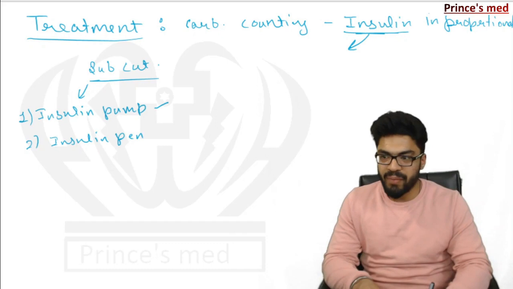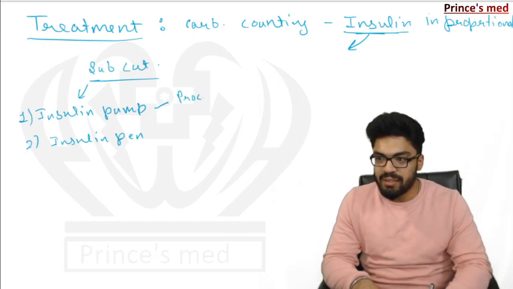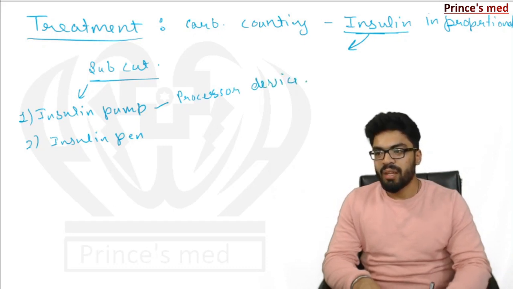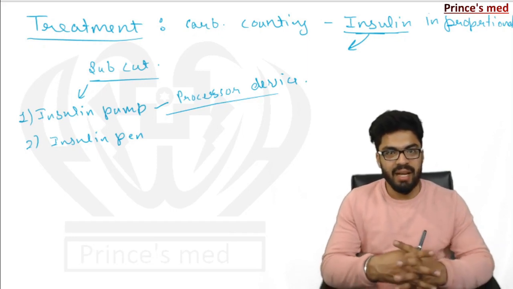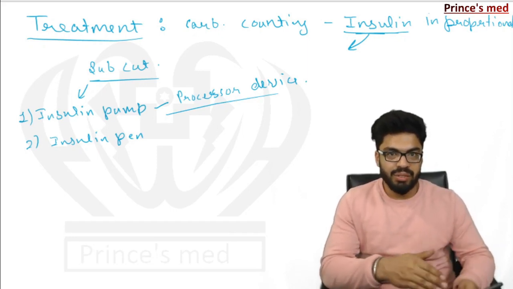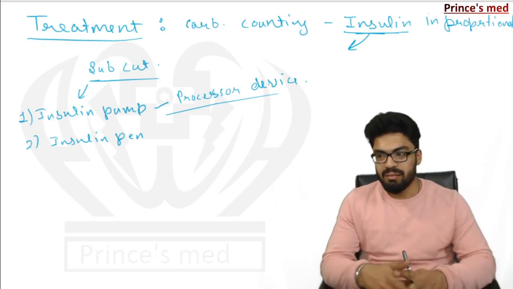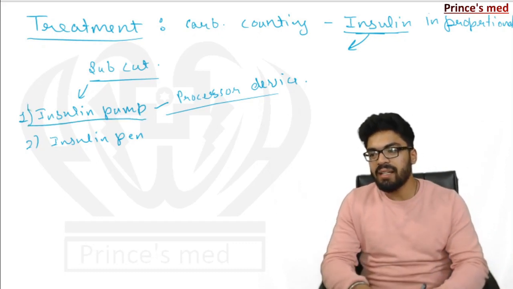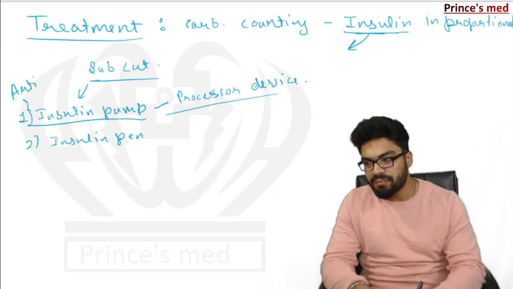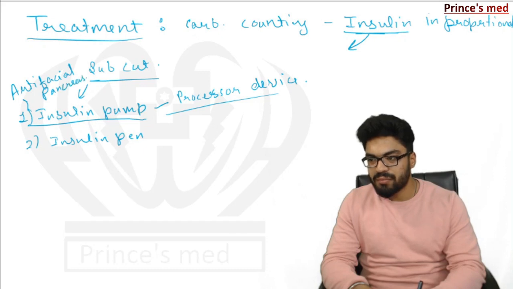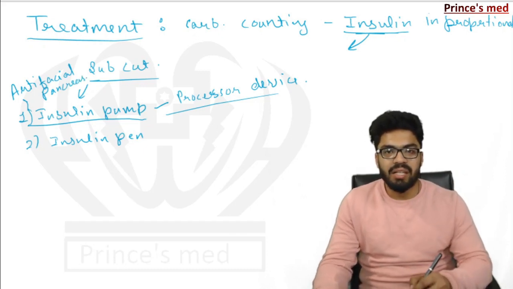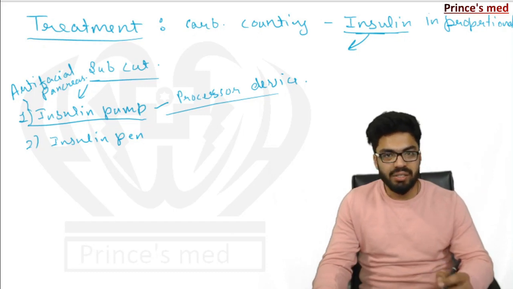In insulin pump, it is a device, it is processor installed device which makes the insulin entry basal insulin like pancreas. Means this device works like an artificial pancreas, and it secretes the insulin like normally basal insulin.